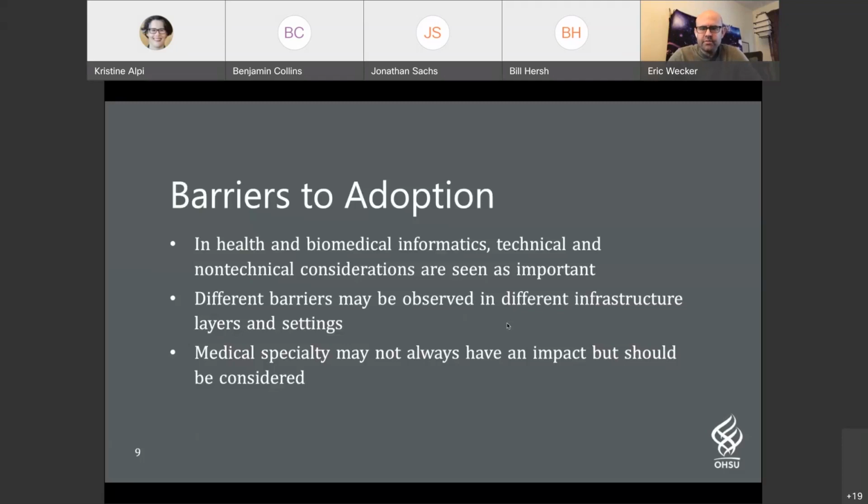In health and biomedical informatics, both technical and non-technical considerations are important. There are all kinds of different infrastructure layers and settings, so there may be different barriers in these different places. Another thing pointed out by the authors was that medical specialties may not always have an impact, but they should be considered. There aren't any identified impacts of medical specialties at this point, but it's a cautionary point.